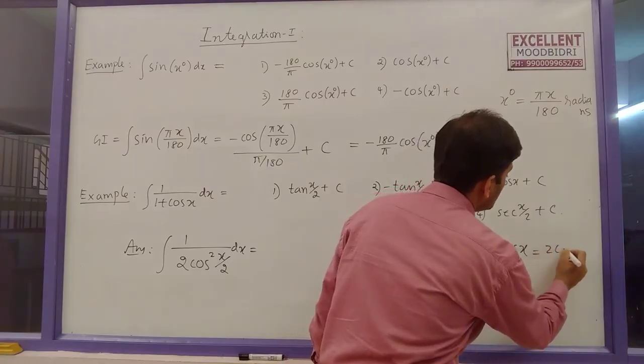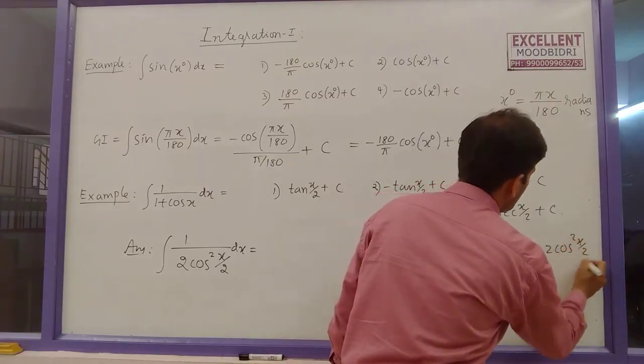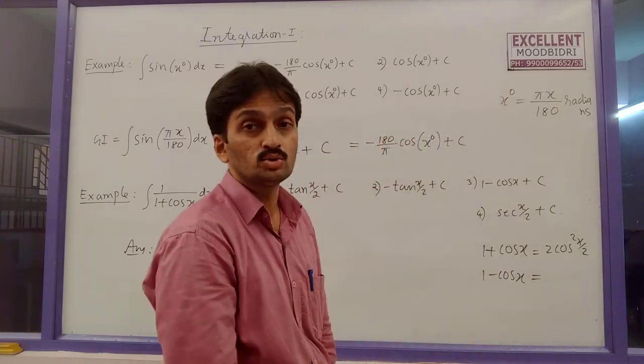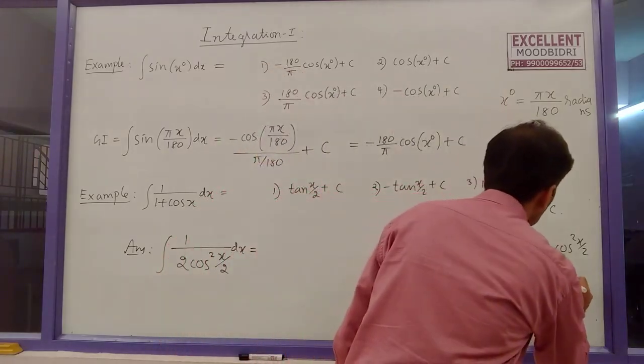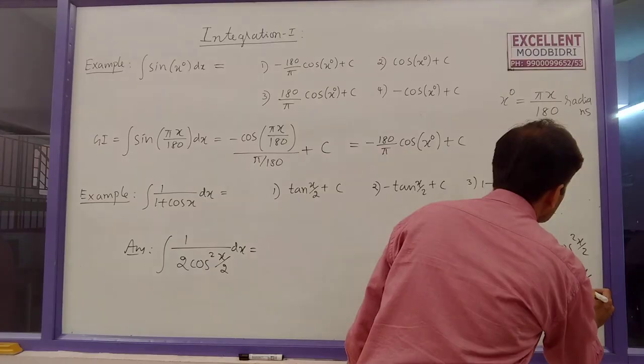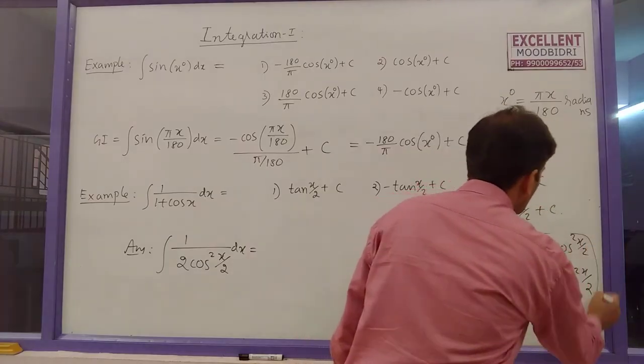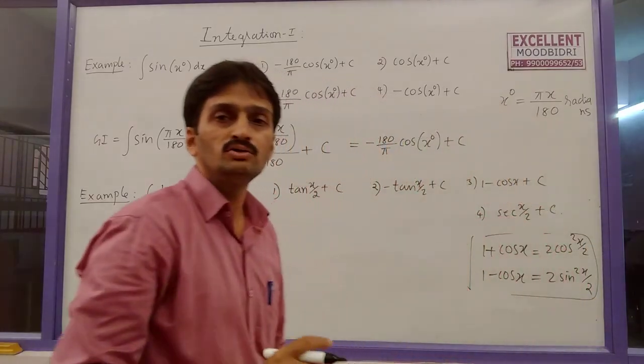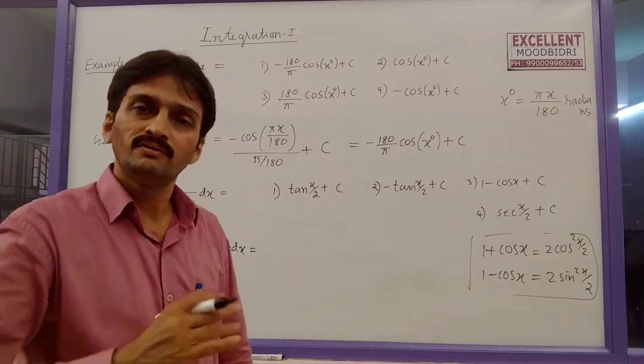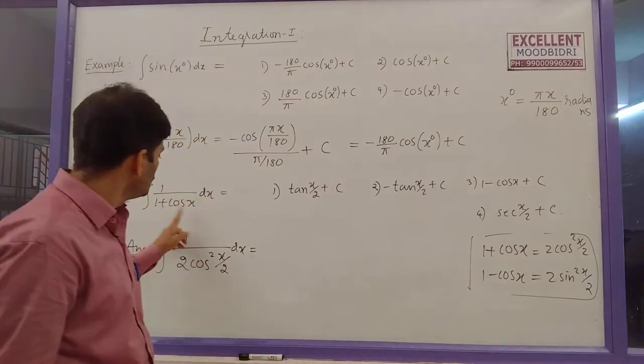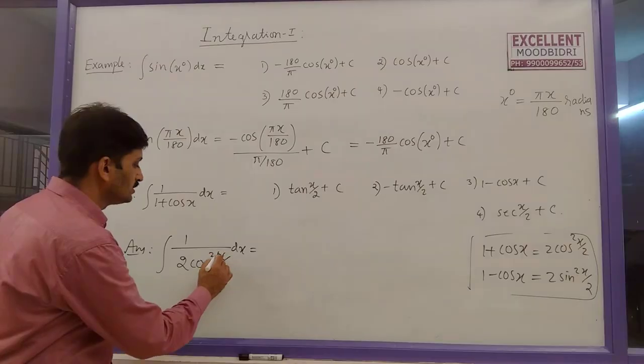What is 1 plus cos x? 2 cos square x by 2. And 1 minus cos x, 2 sin square x by 2. These two are very important formulae. You will be using these two formulae frequently. So 1 plus cos x is 2 cos square x by 2, correct?